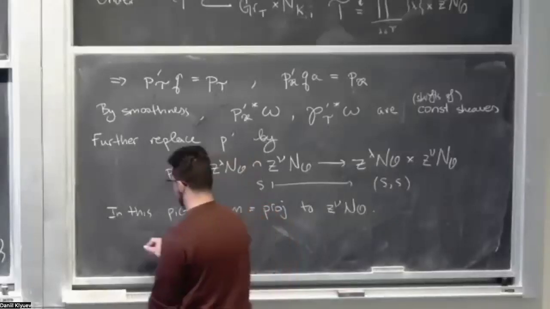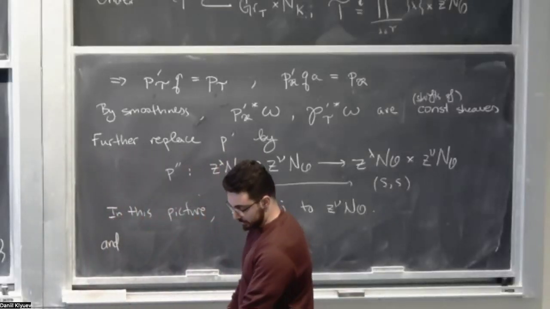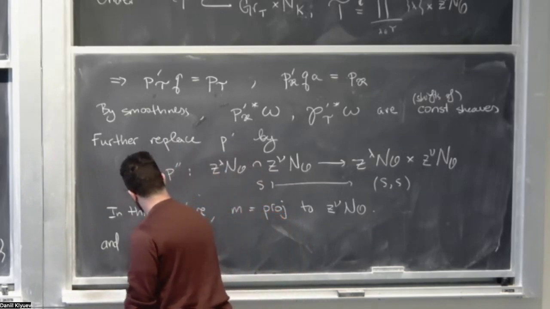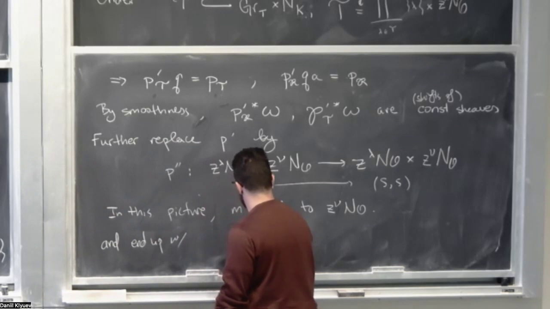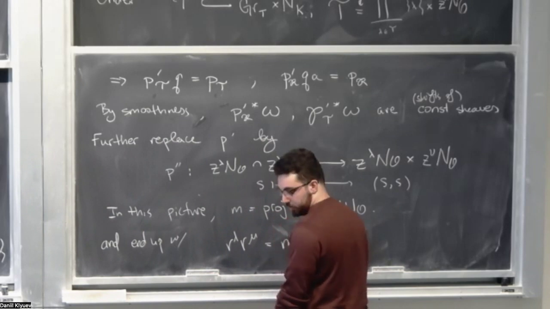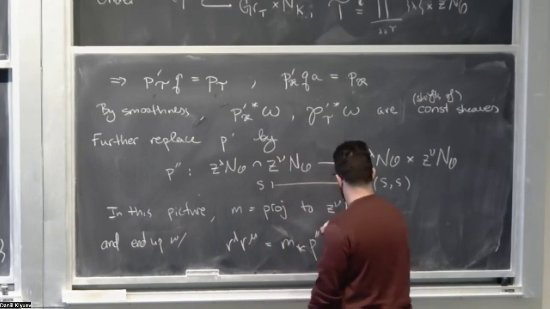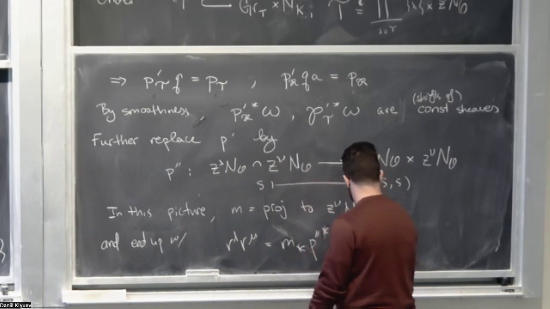And once the dust settles, we end up with R lambda R mu equals M push forward P double prime pull back of the fundamental class.